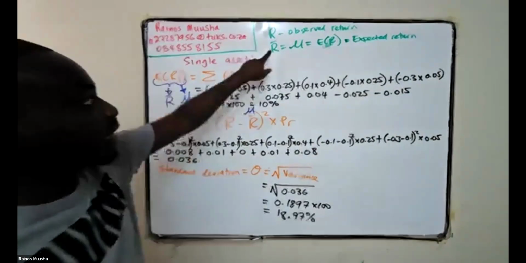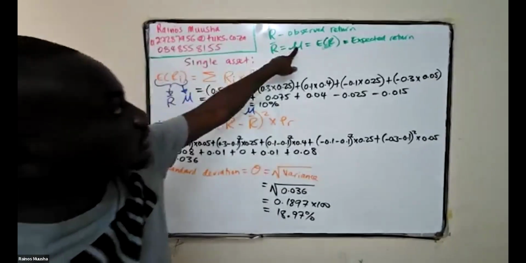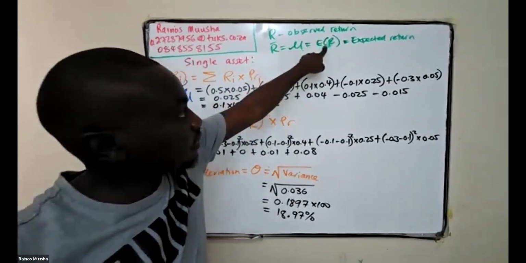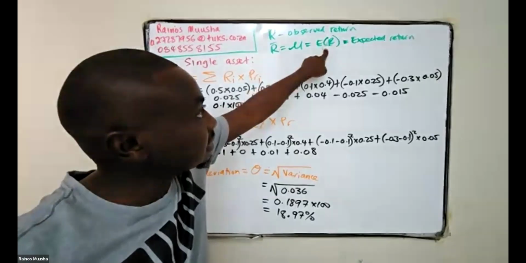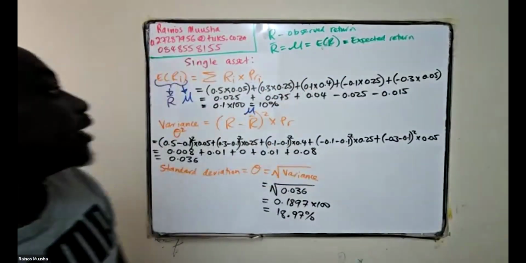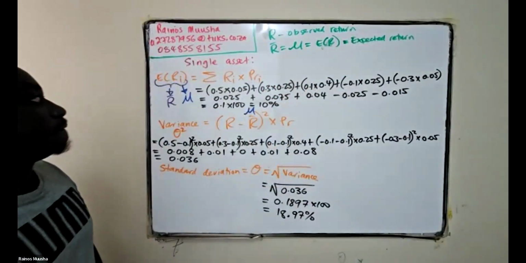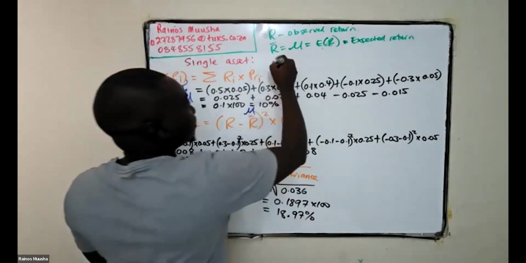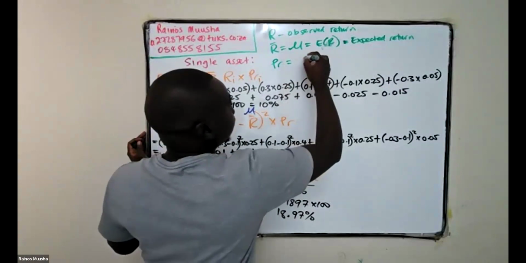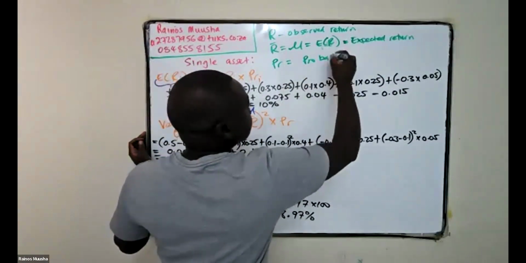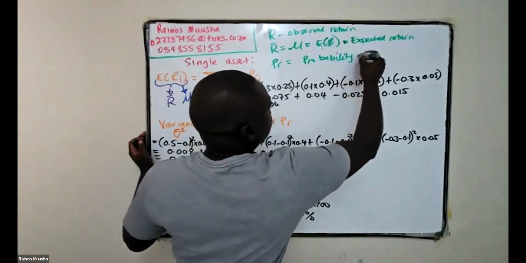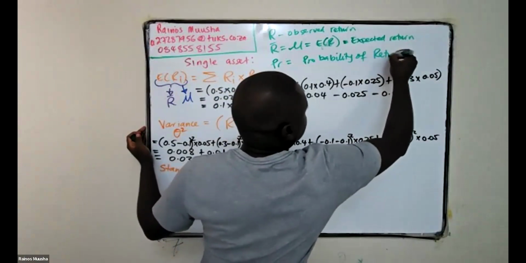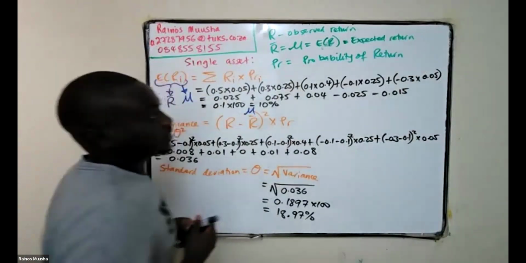So whenever you see the R with the bar on top, or you see a mu, it's basically the expected return. And P of R is short for the probability of earning those returns as well.